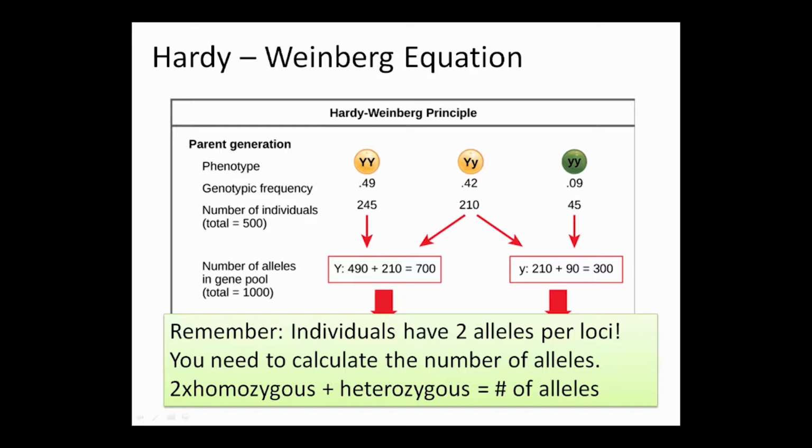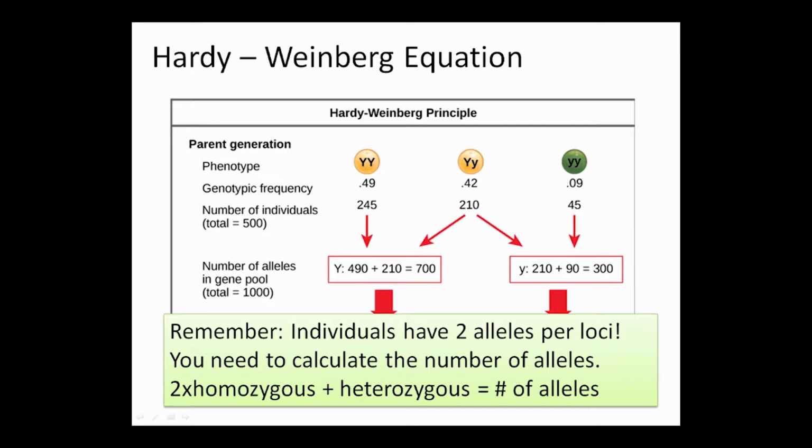I also have to add in that dominant Y from my heterozygotes. You can't forget about those. And because they only have 1, I can add up the number of heterozygous individuals. So 490 plus 210 gives me 700 dominant alleles.